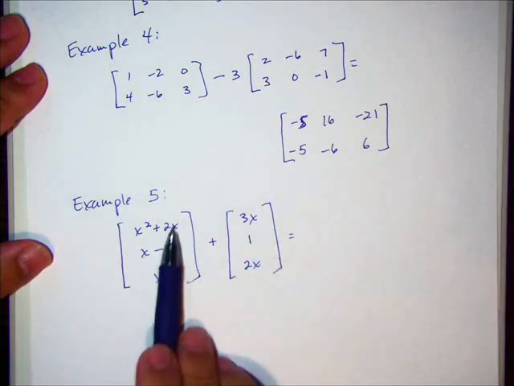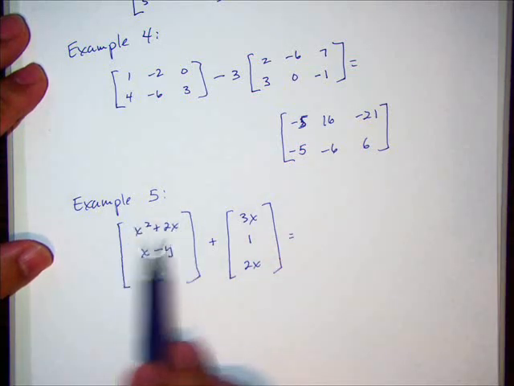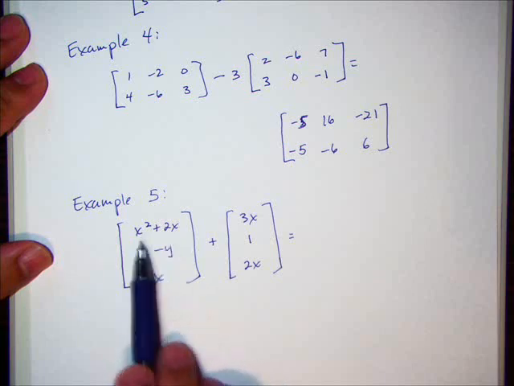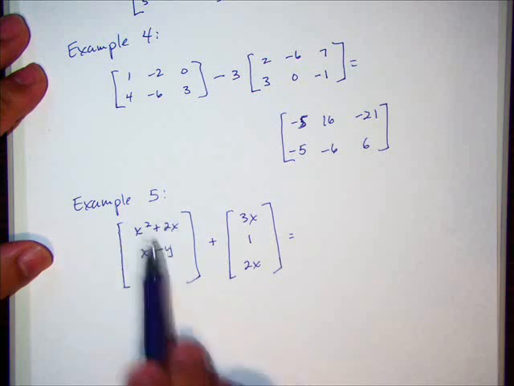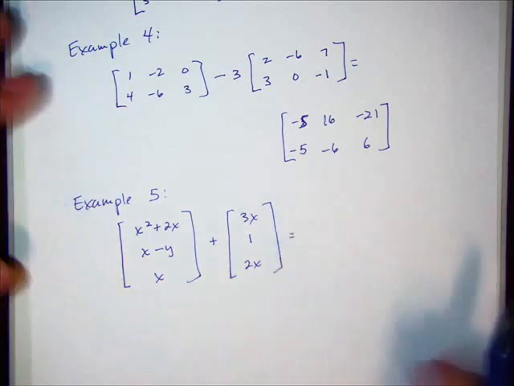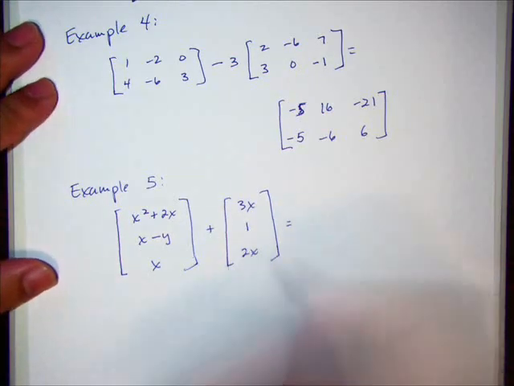I want to point out here, this is considered one element in a cell. It's one thing, one term, one whatever, one thing in a cell. Even though it looks like it's two things, that plus sign means I'm combining them. Okay, I'll do another example where the distinction will be more clear after this.